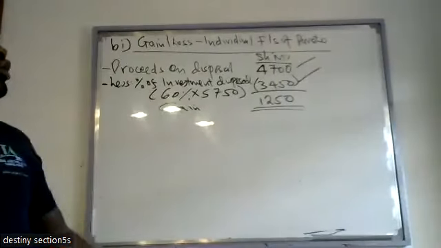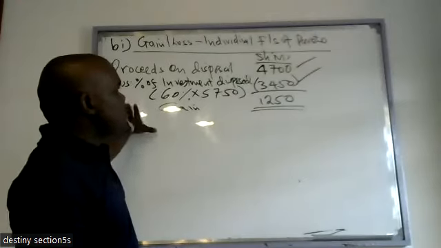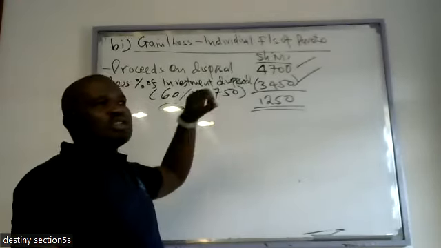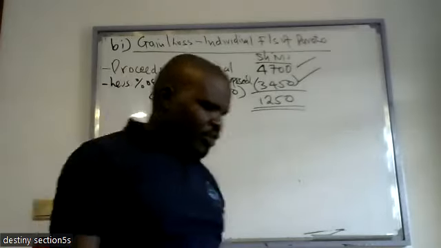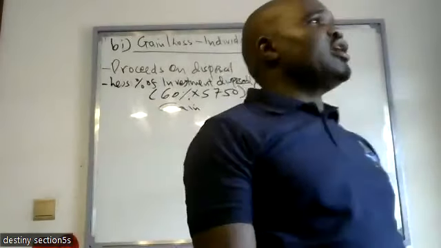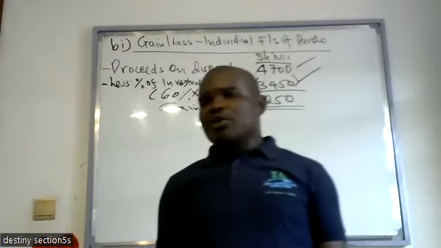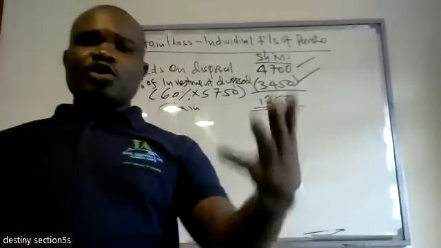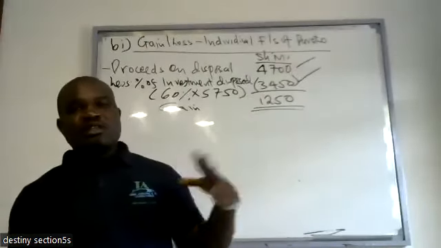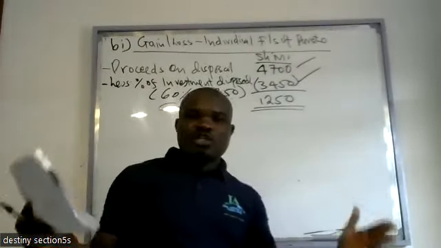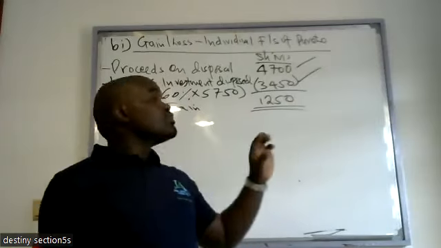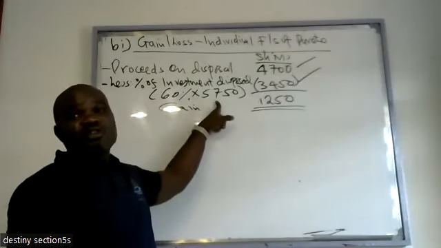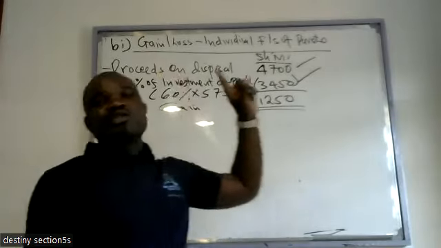You have disposed 60% of 5750. Okay, Amani, which illustration should I use? You bought a property, let's say you bought a farm. That is the investment. You bought this property at 5750, but you want to sell it.